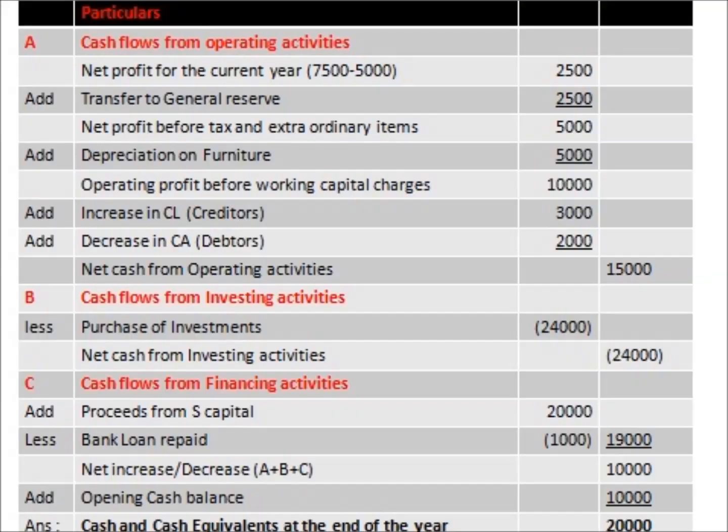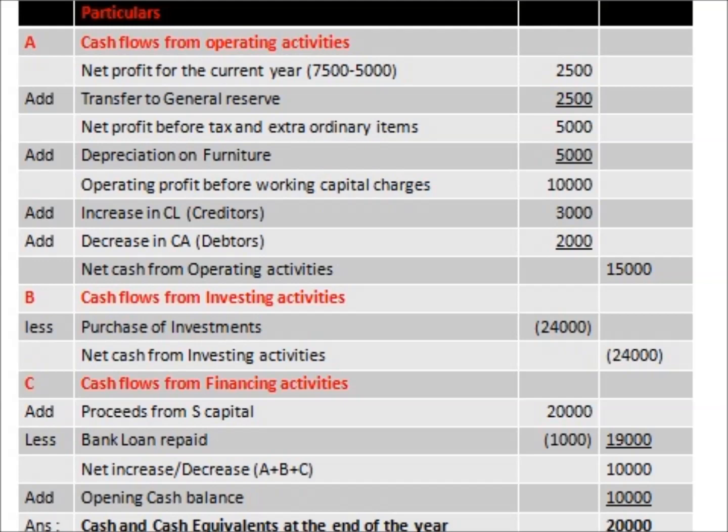Your cash is going out, so it is deducted. Purchase of investment, less 24,000. Whenever there is a less figure, you put it in brackets. There is no other transaction in this area. So net cash from investing activity is minus 24,000, an outflow. That is figure B.